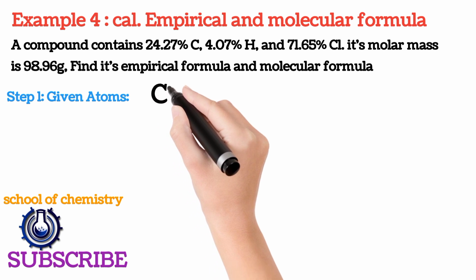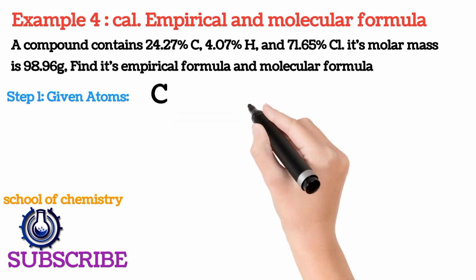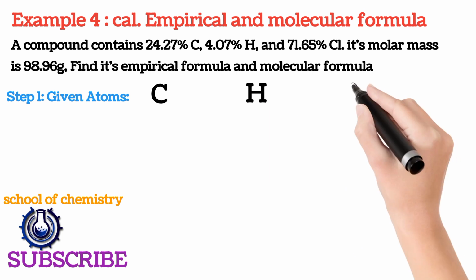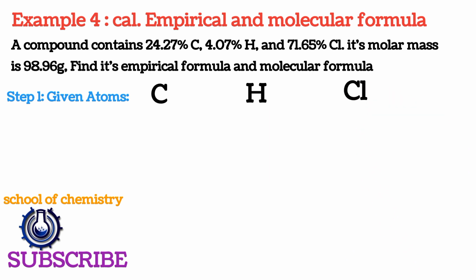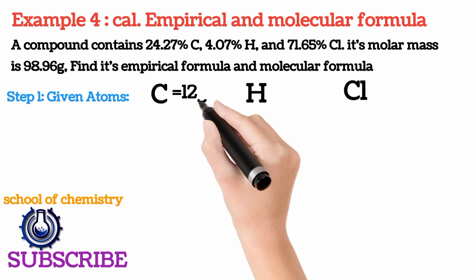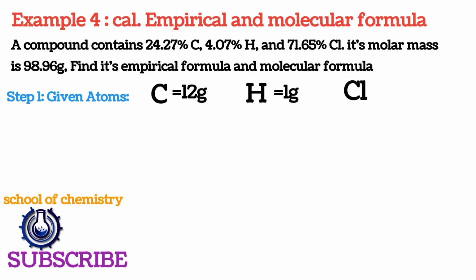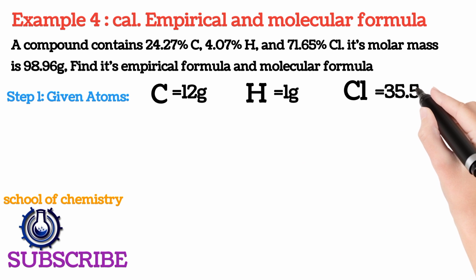Step 1, we'll write the given atoms: carbon, hydrogen, and chlorine. And then we'll write the relative atomic masses. Carbon is 12 grams, hydrogen 1 gram, and chlorine 35.5 grams. Are you following?